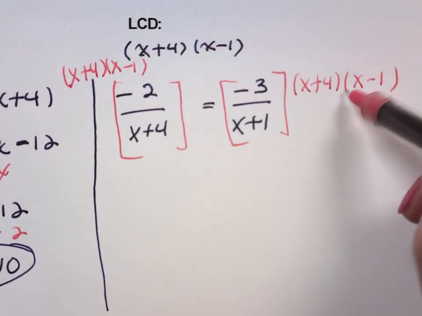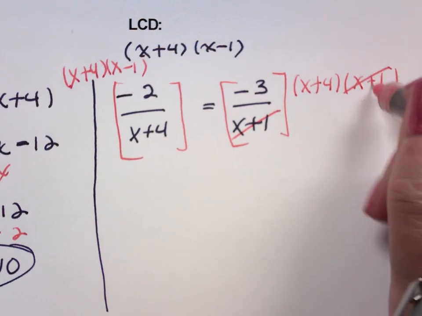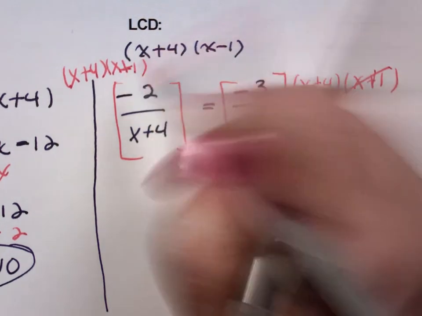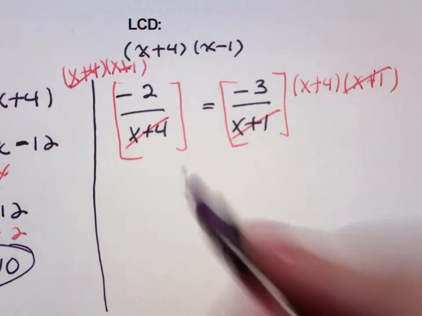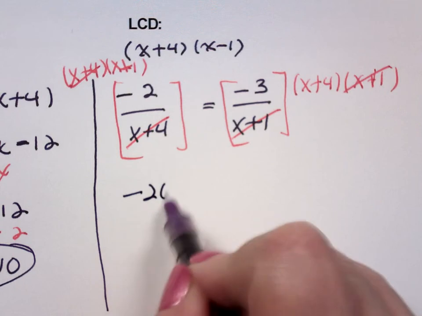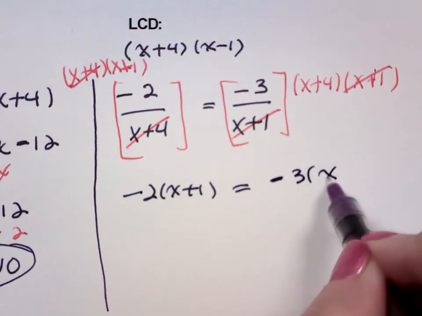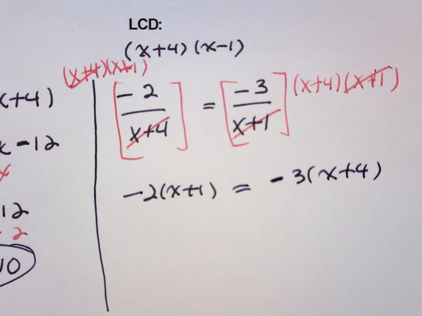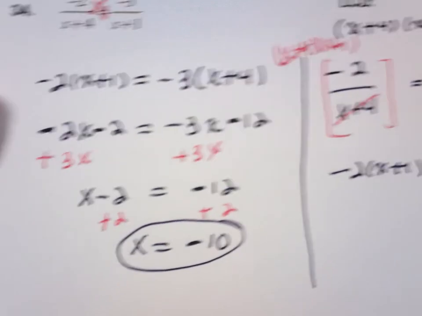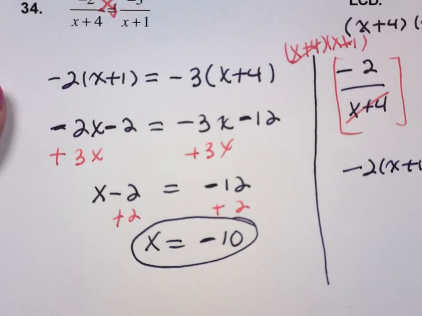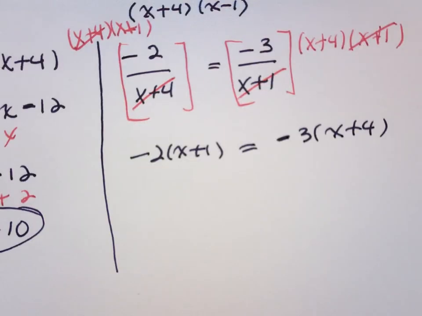You notice this takes out the x plus 1. This takes out the x plus 4. And you're going to end up with -2 times x plus 1 equals -3 times x plus 4. And that's the same thing you got when we did means and extremes. And then you'll end up, of course, with the same answer.